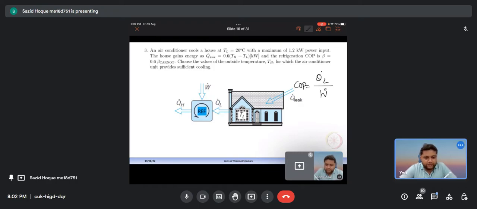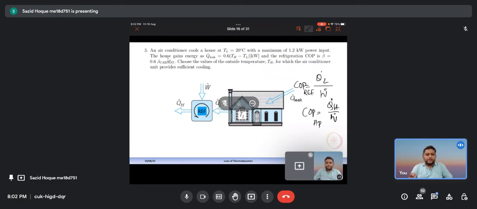If you talk about this as a heat pump, then heat pump COP will be Q dot H by W dot. So that is the difference. This is for heat pump, this is for refrigeration. You just remember efficiency or COP is output by input. So what is output, what is input, that depends upon the device.